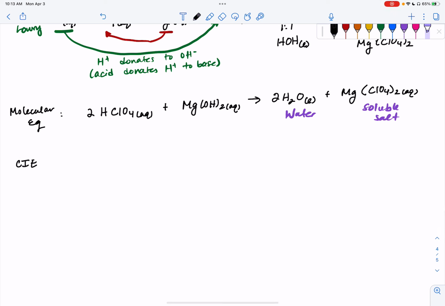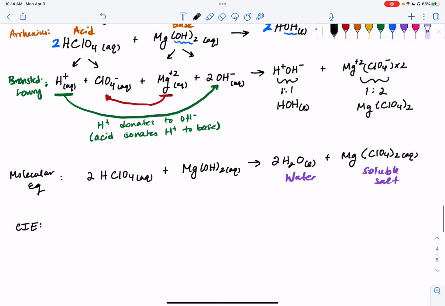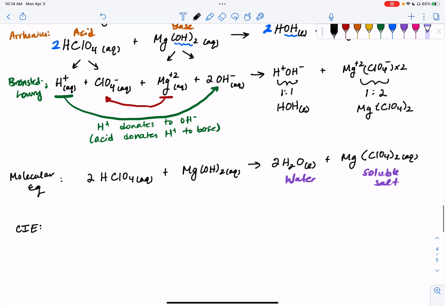For practice, why don't we also write our complete ionic equation? And since we've done our double displacement, we should have most of our work done for us. We just now need to make sure that we've included our balancing here. So let's see here.